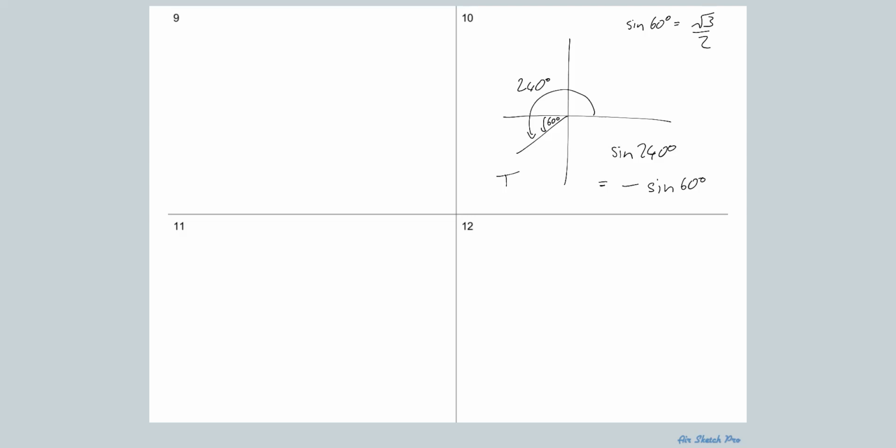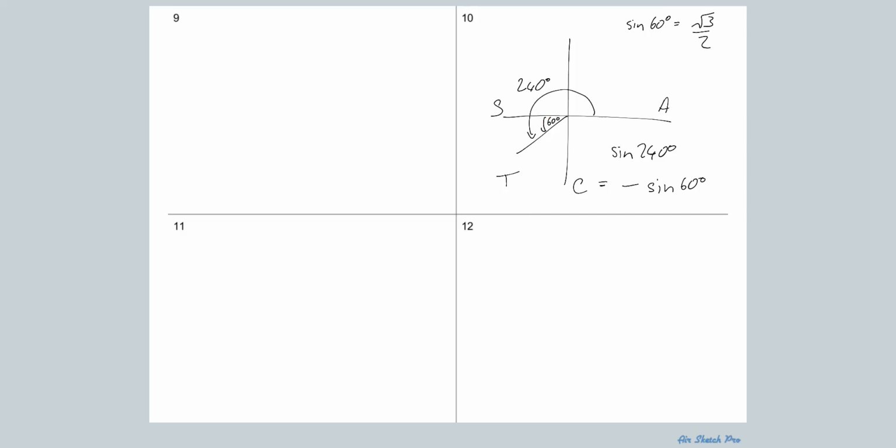From our CAST diagram, sine is negative in this quadrant, so the sine of 240 is negative sine of 60.